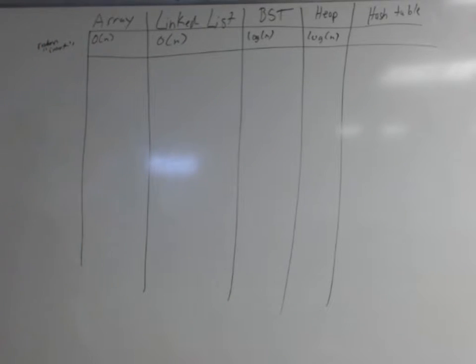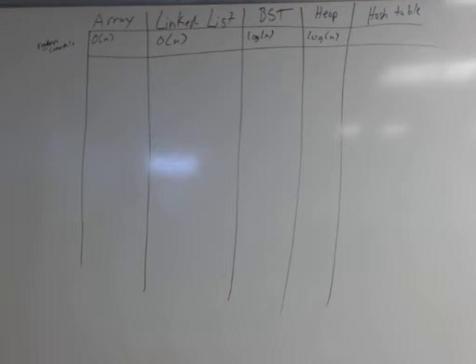Hash table. We need to insert something. What's the first thing we do? We calculate from the key to get the index, right? And what's the complexity of that operation? O of 1.